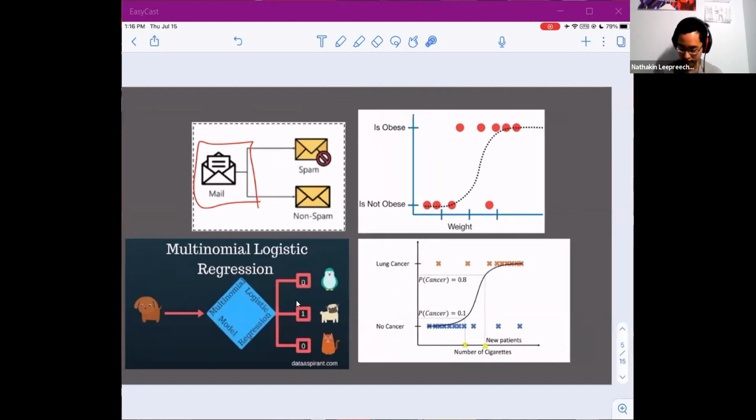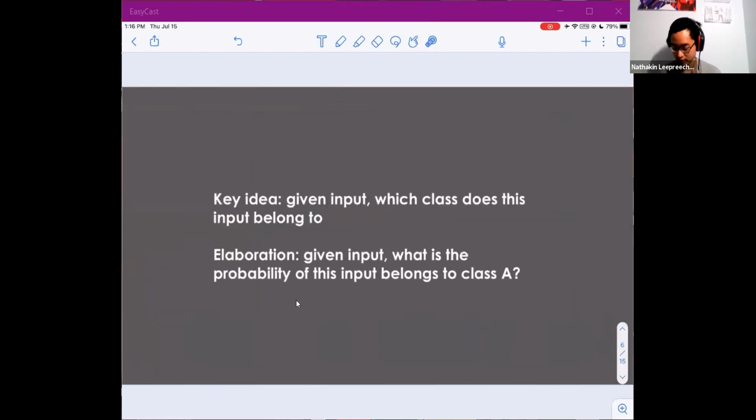So the key idea is that, given an input, which class does this input belong to? But to elaborate a little more, in logistic regression, when you're given an input, what is the probability of this input belonging to class A?